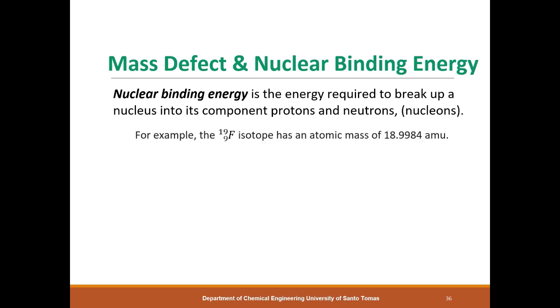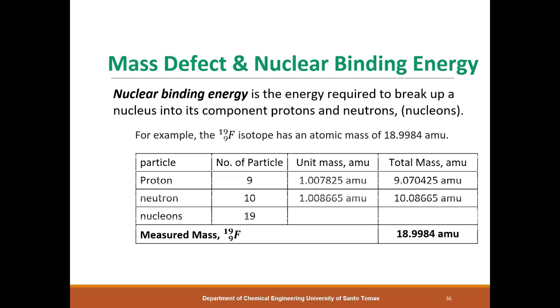If we consider, for example, the isotope fluorine-19, it actually has an atomic mass of 18.9984 atomic mass units. So the nucleus has 9 protons and 10 neutrons, and therefore a total of 19 nucleons.